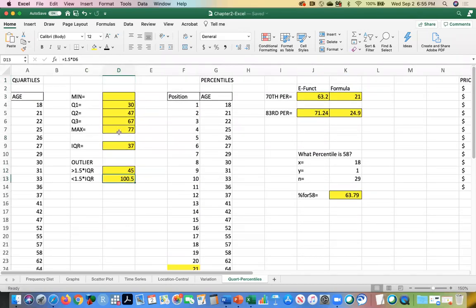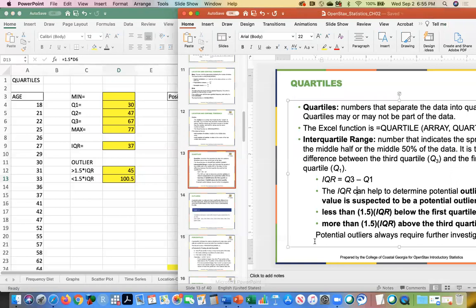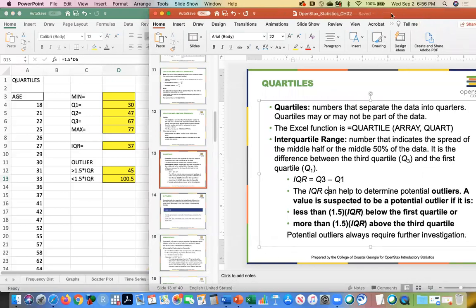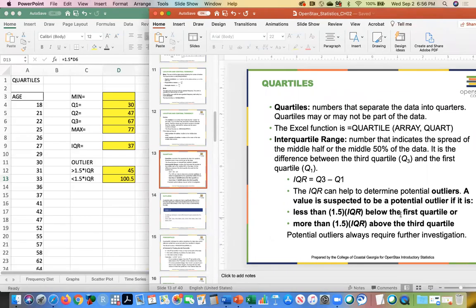So this is 1.5 times the IQR, yeah. So the number is clearly higher than quartile 3: more than 1.5 times the interquartile range above the third quartile. So that means that there is an outlier. And in the first case, less than 1.5 times the interquartile range, we got 45, and this is 47.